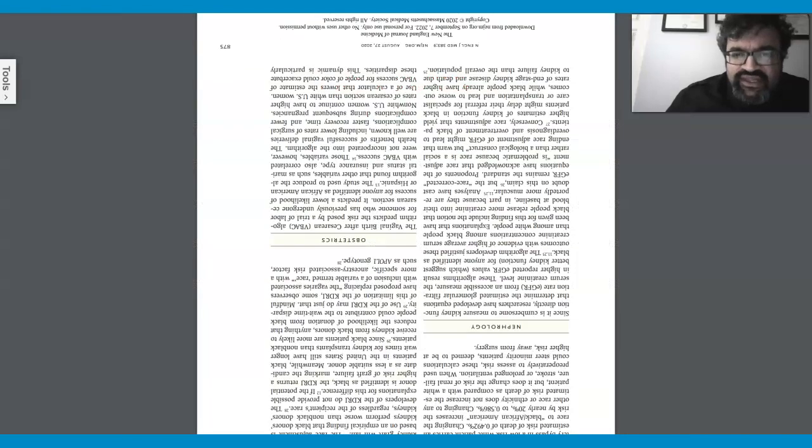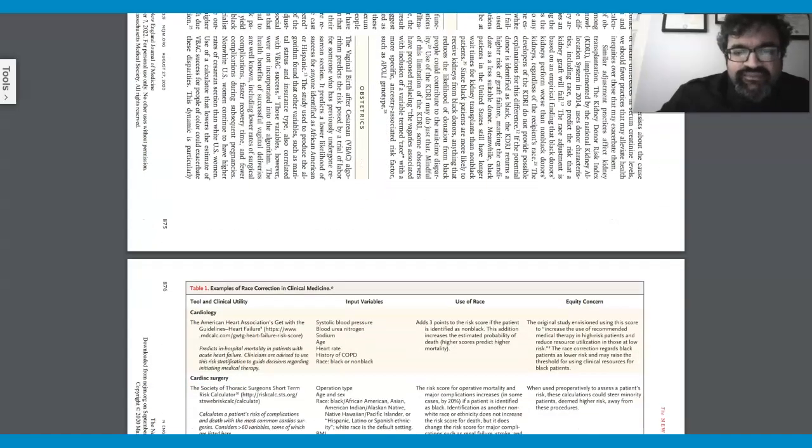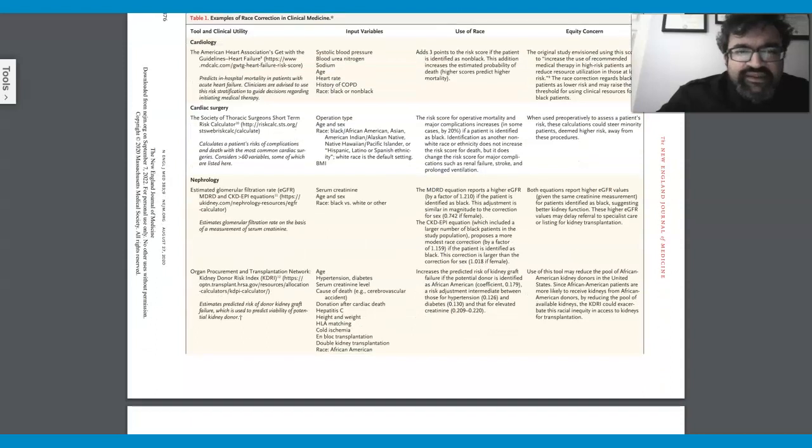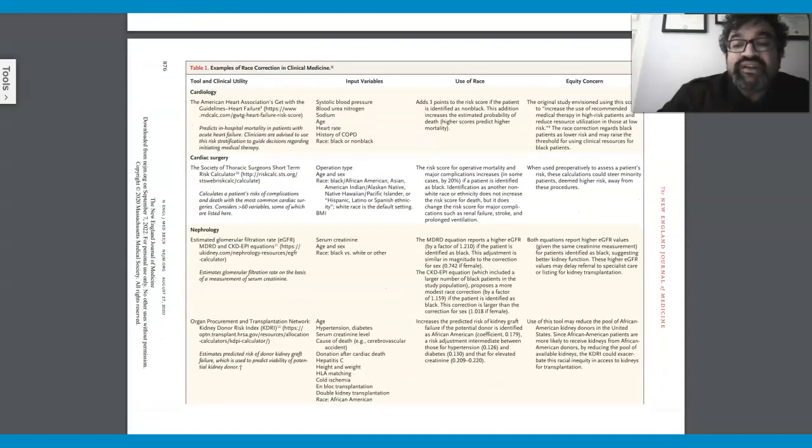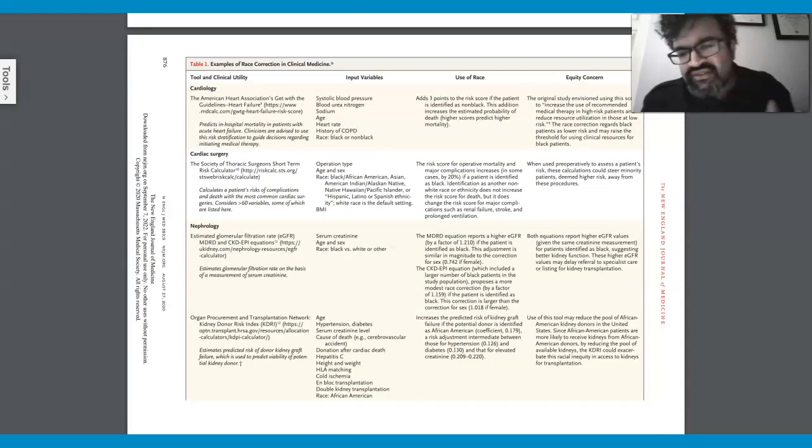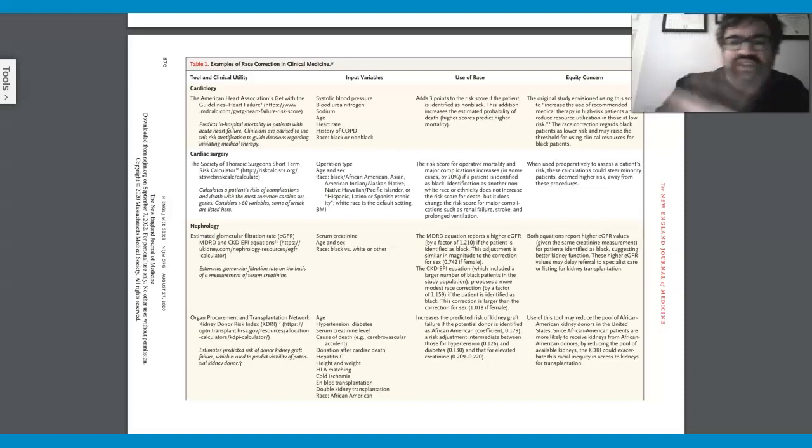So now looking at the table, how it was, I'm going to just read through some of the quick equity concerns out of these. Looking at cardiology to begin with, and understanding acute heart failure. Clinicians are advised to use this risk stratification to guide decisions regarding initiating medical therapy.